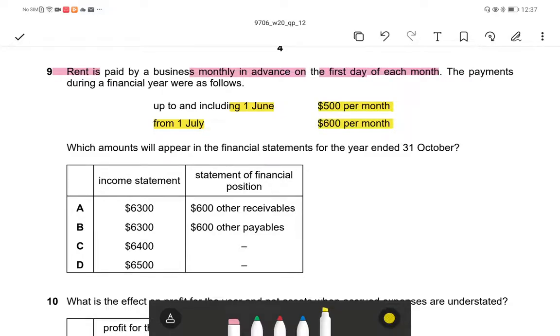Which amount will appear in the financial statement for the year ended 31st October? If the account is closing on 31st October, it must have started from November 1st of the last year. We have to calculate the amount shown in the income statement. The question doesn't say any amount is prepaid or accrued. So you just have to calculate the amount in the income statement.